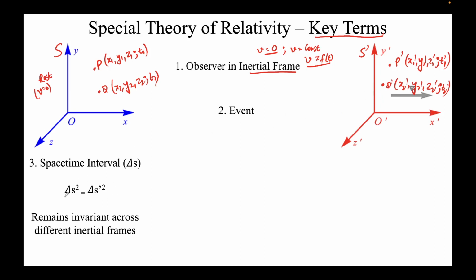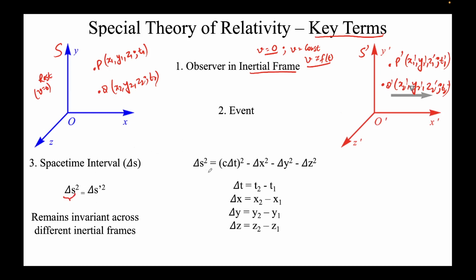So what is this mathematical entity delta S? This can be given by this formula. So this is called space-time interval. We call the first term the time interval, and we call this term the space interval. Note the space interval is very close to what we are used to seeing as the distance, right?